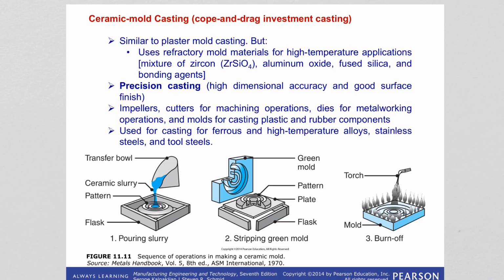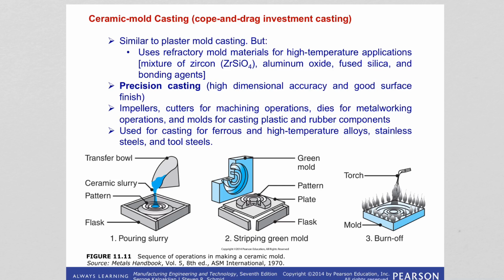So once you have a high dimensional accuracy in a casting, it basically eliminates the need to further machine the part, which is economically much more preferred, right? Extra processes are not desired. So what type of parts can be made?